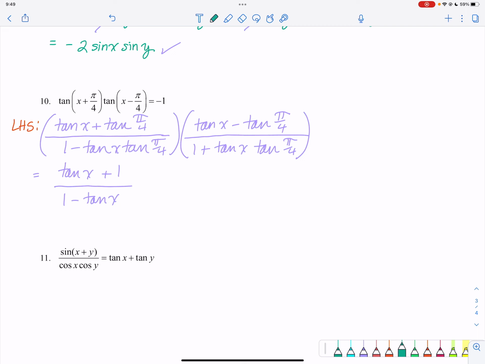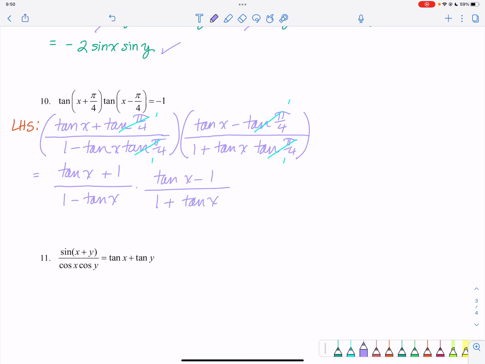And if you want, you can take a lighter pen or something and just make note that this is equal to 1. Okay, so now we have that multiplied by the tangent of x minus 1 divided by 1 plus the tangent of x.